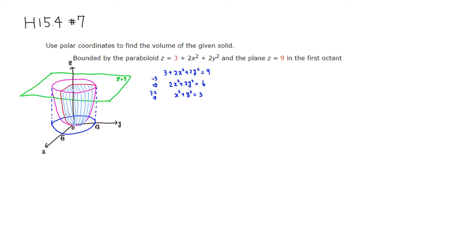Let's set up the integral here. We want to find the volume, so I'm going to call it V. It's going to be a double integral. The top is z equals 9, so I'm going to put 9 here, and then subtract the parabola, which is 3 plus 2x squared plus 2y squared.